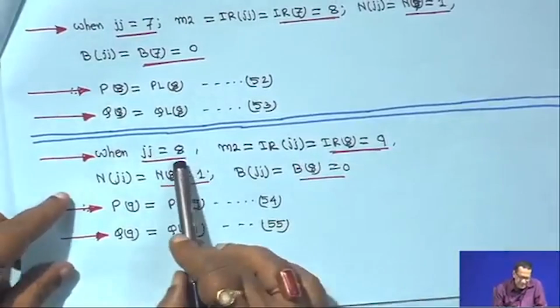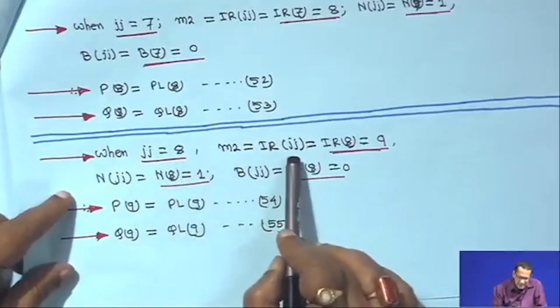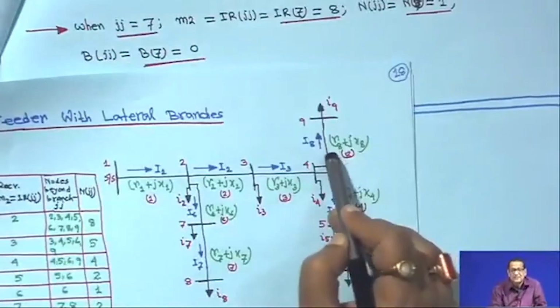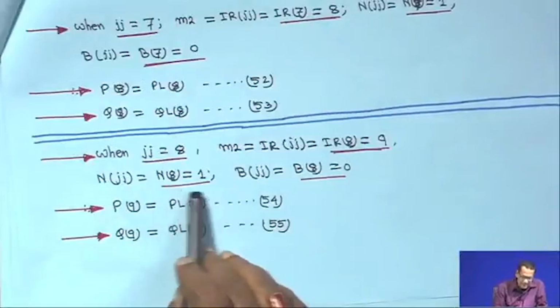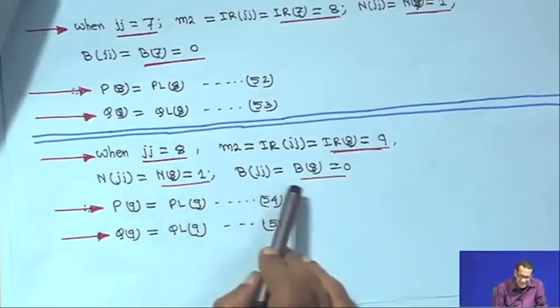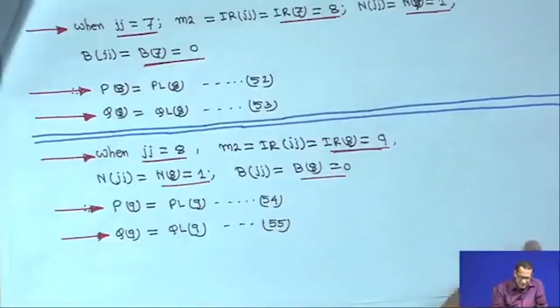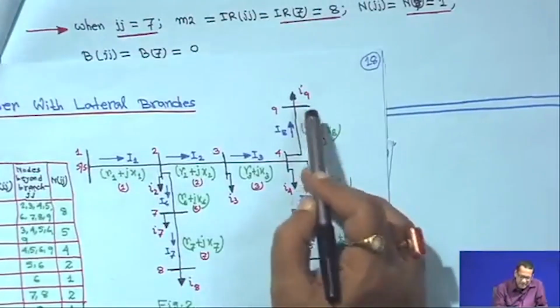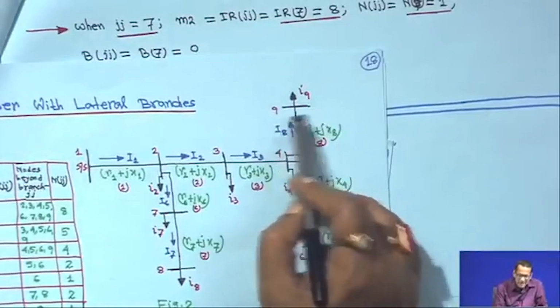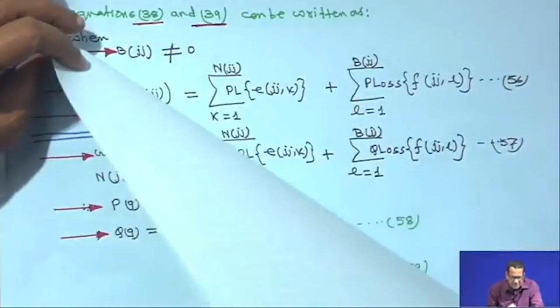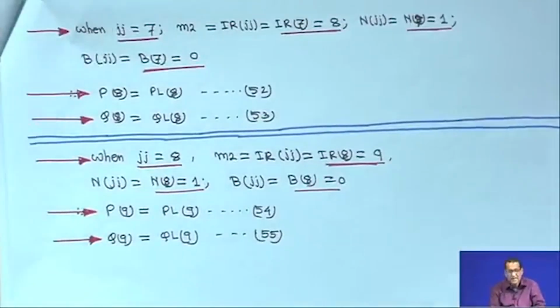And when JJ is equal to 8, the last branch, M2 is equal to IR8 is equal to 9, right. In this case also N8 is 1, B8 is 0, because beyond this branch also there is no branch, right. Therefore, P9, the total load fed, will be PL9 and Q9 will be QL9, this is equation 54 and this is equation 55. So, thank you.